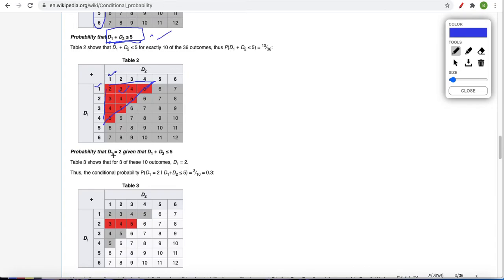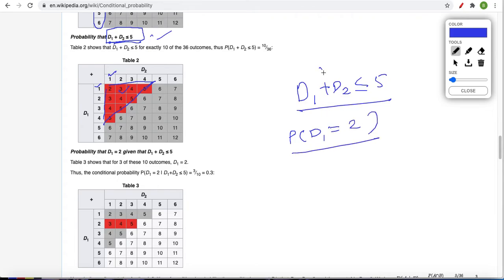Now, what is the probability that d1 is equal to 2, given that d1 plus d2 is less than or equal to 5? That is given to us.